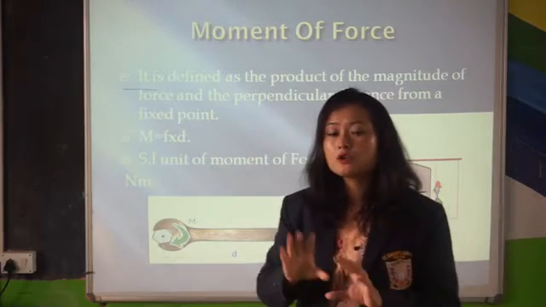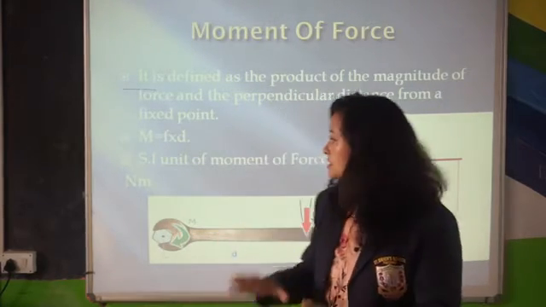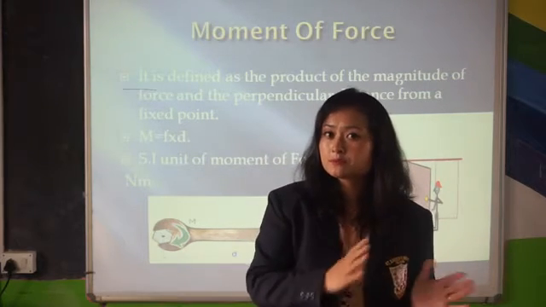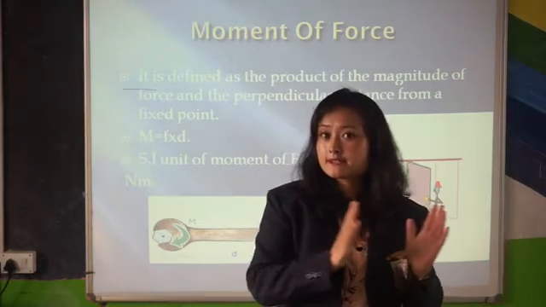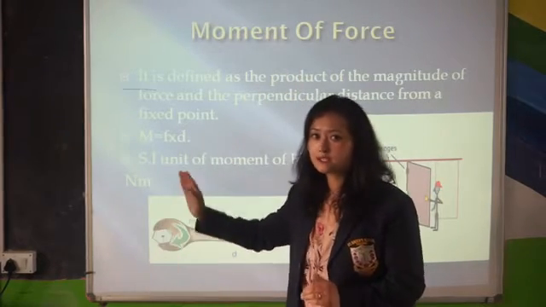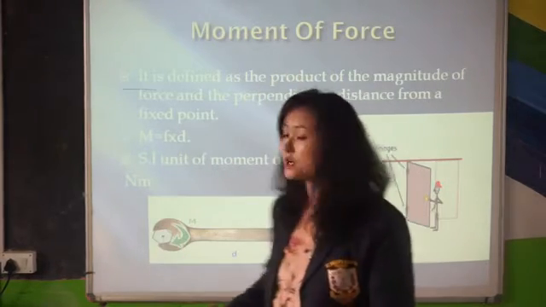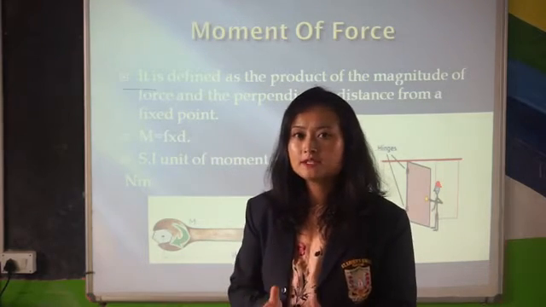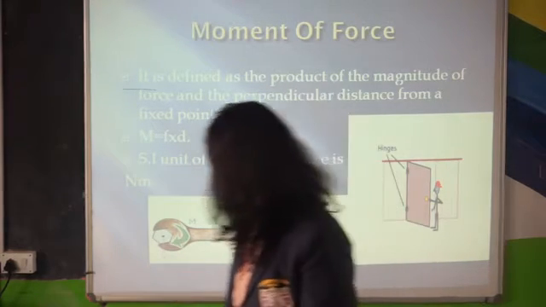Please remember, in order to avoid this confusion, the unit of work is given as joule, though it is also Newton meter, and the unit of moment of force is Newton meter. You are not supposed to write it as joule. That would be wrong. You should write Newton meter for moment of force.